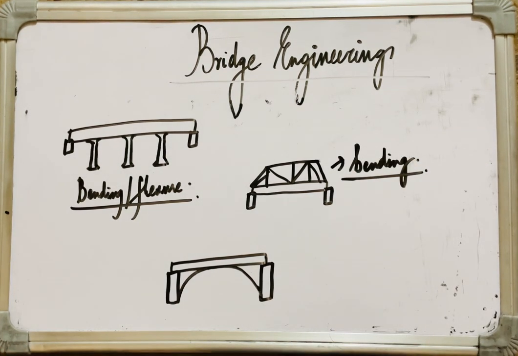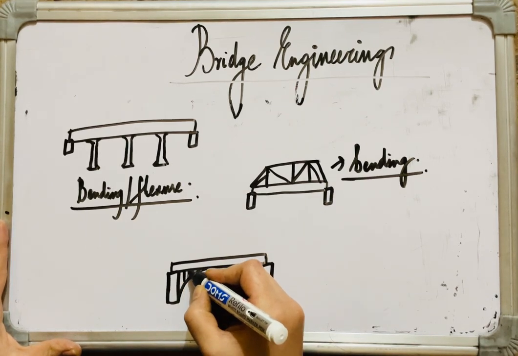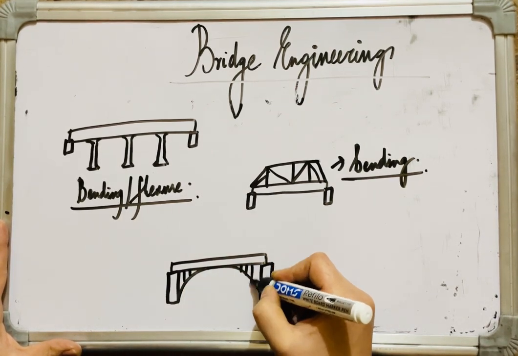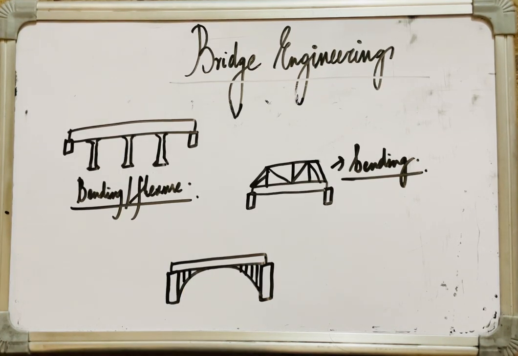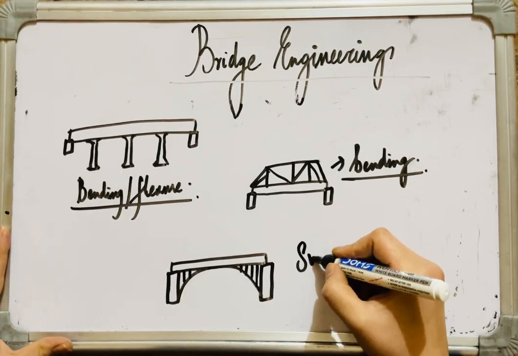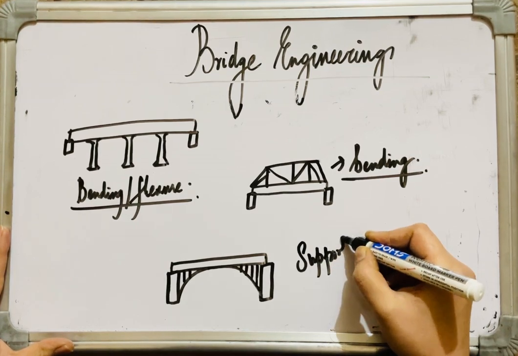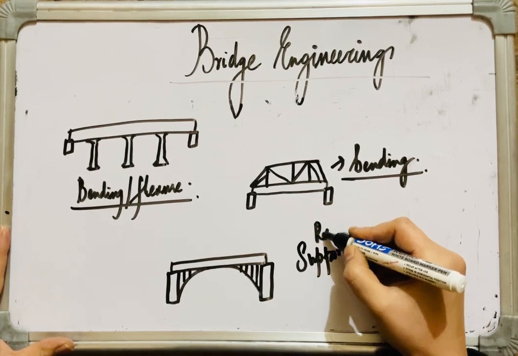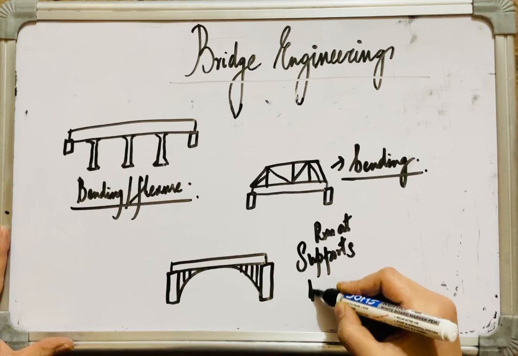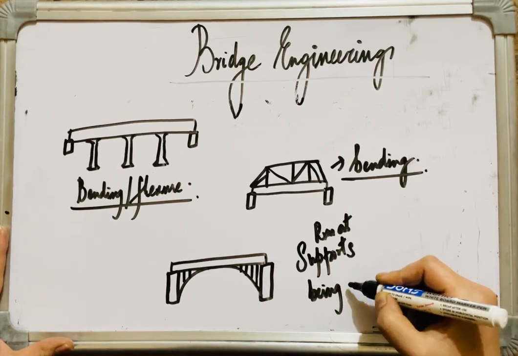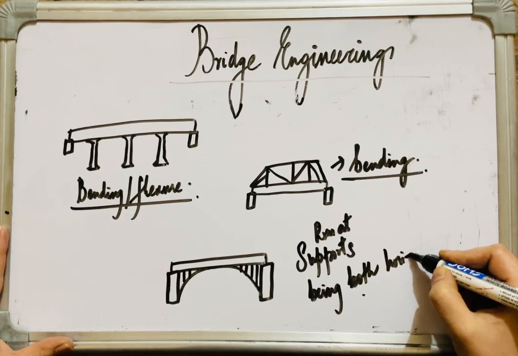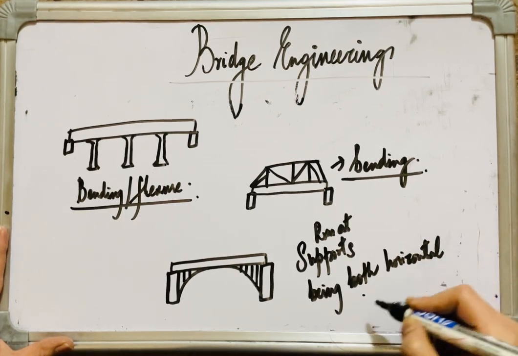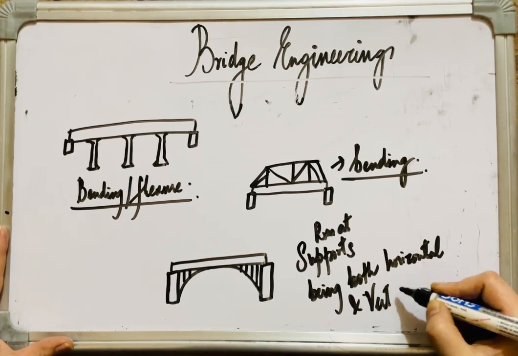Here in case of an arch bridge, the loads are carried particularly by compression, with the reactions at the supports being both horizontal and vertical forces.